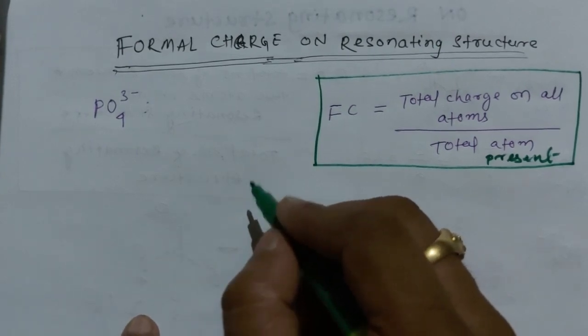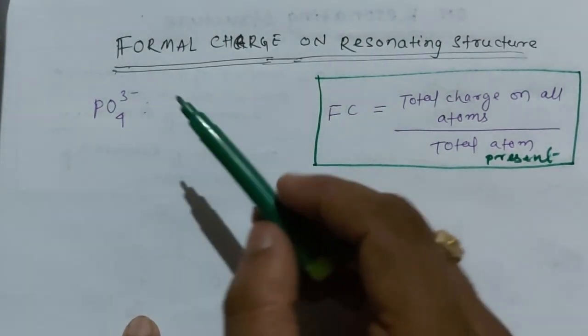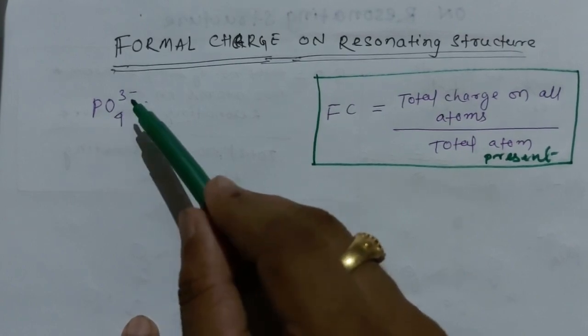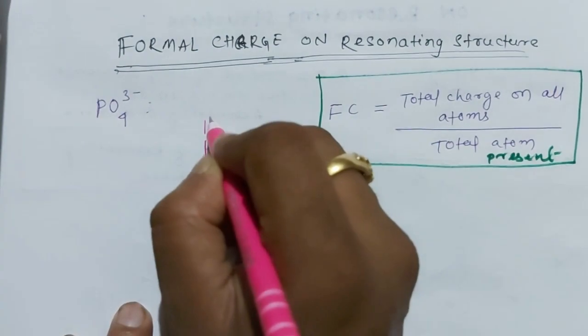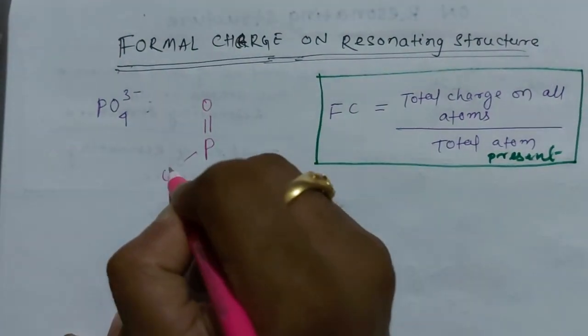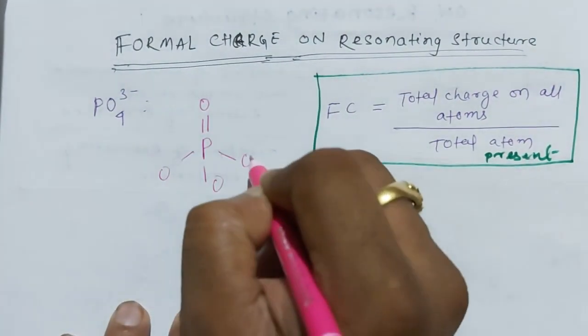Now we will calculate the formal charge of the oxygen in PO4 3 minus. First draw the structure of PO4 3 minus, like this.